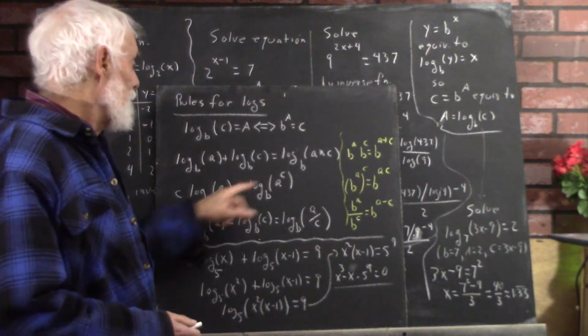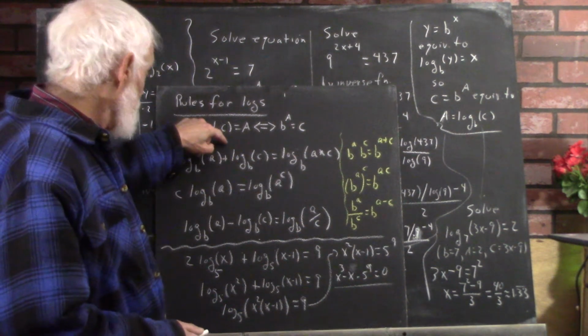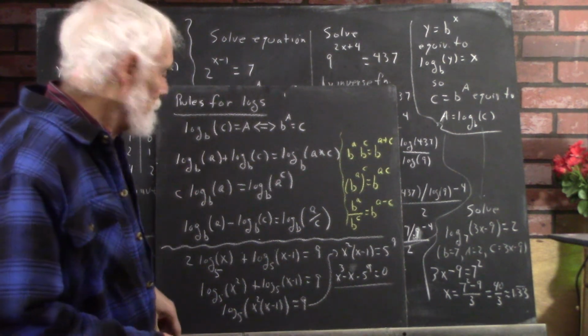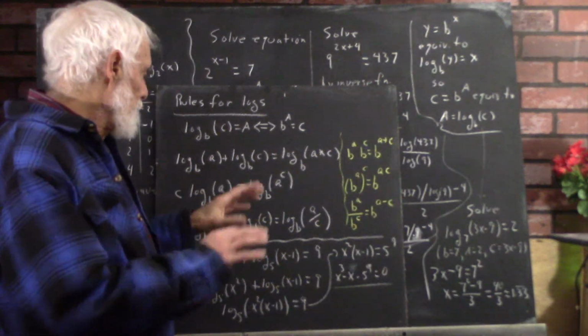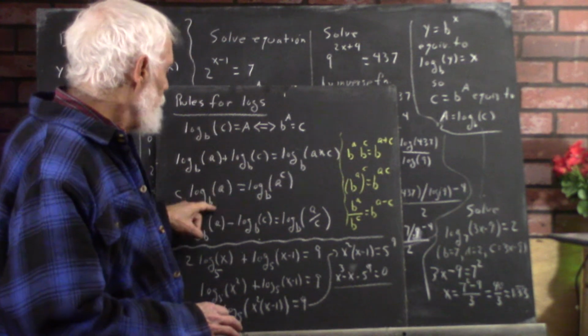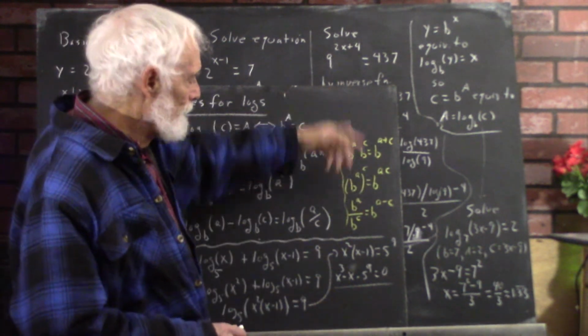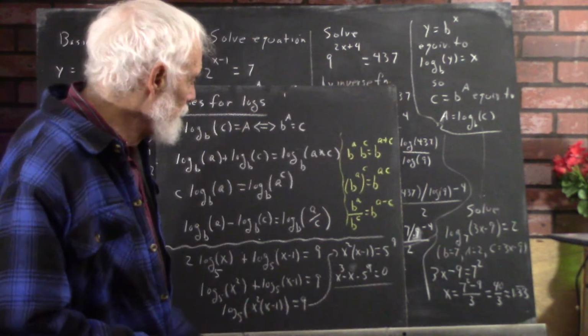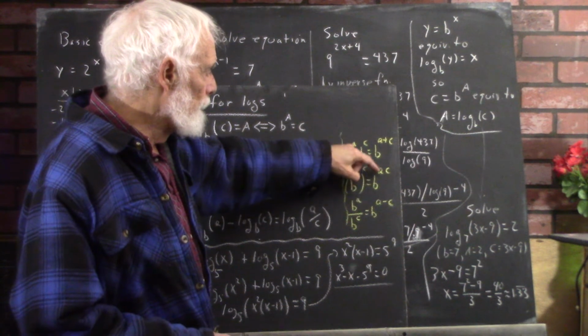So this can't be equal to this because this is equal to this, and this isn't equal to this. You might need to replay that 3 or 4 times to understand what I just said. It's not that important. There's the rule, and it comes from the power of a power law of exponents. The rule for the power of a power is b to the a raised to the c is b raised to the ac.